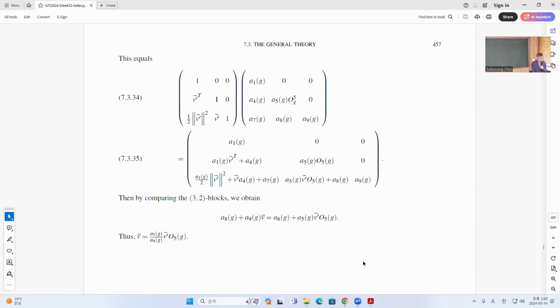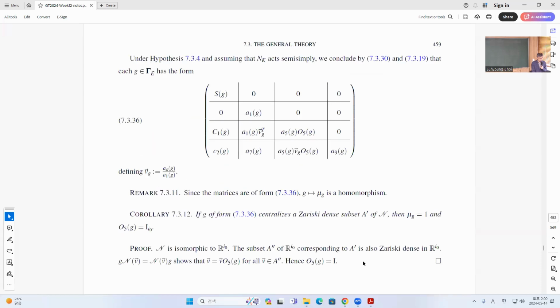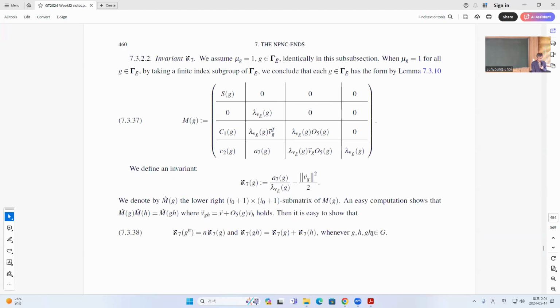Okay. Again, those are some computations, and so there are some more technical things, that you can centralize some dense set, and its mu_g is 1, and so on. And this Aleph 7 is another constant.